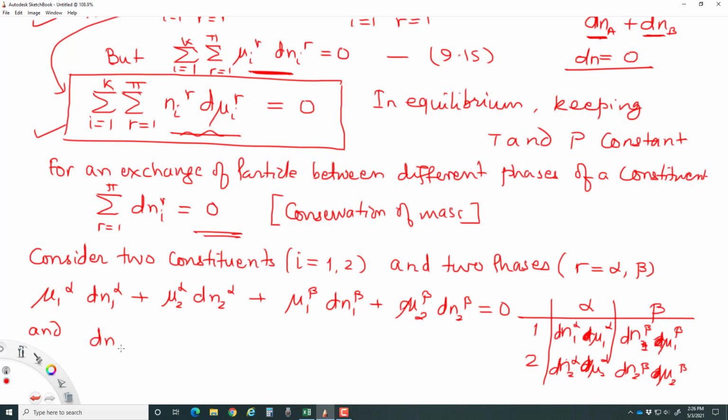And also from this condition, for constituent 1 there will be some change in the alpha phase, plus there will be some change in the beta phase, but the change in the entire constituent would be 0. Likewise, dn2 alpha plus dn2 beta would be 0. So we can use this expression in that and this expression in that.